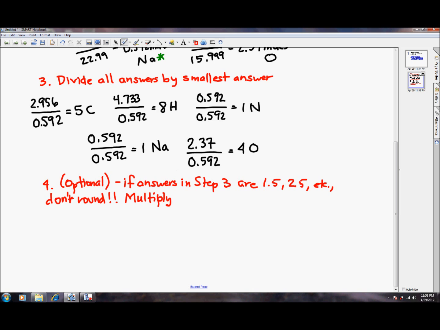This is a little bit like, remember when we were balancing equations, we said you needed like 1.5 or 2.5, and that wasn't allowed, and we fixed that by multiplying all of the answers by 2 instead. Okay, that would convert 1.5 to 3 and 2.5 to 5. However, none of our answers here came out to something point 5.